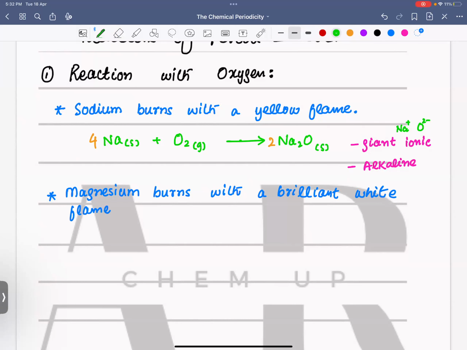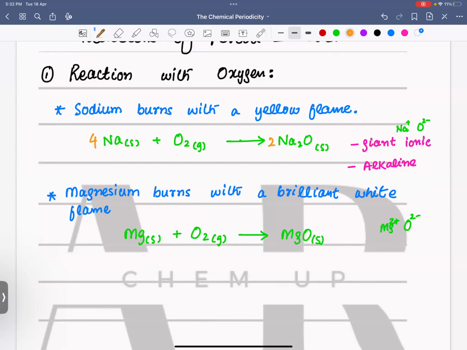Okay. Now if I would write the equation, I have magnesium solid reacting with the oxygen gas. So magnesium has a 2 positive charge and oxygen has a 2 negative charge. So the formula would be MgO.